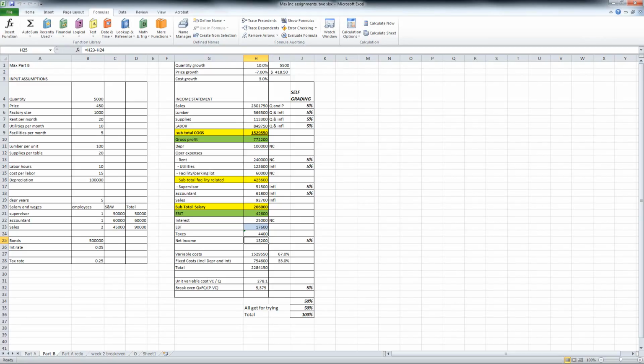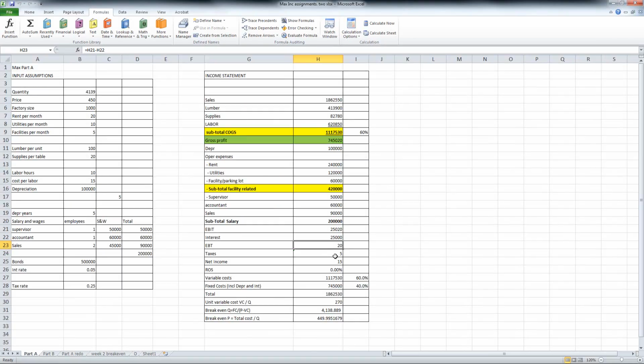So let's look at what we had before we lowered the price and increased the quantity. For 5,000 tables, we were making a net income over here of 116,250.